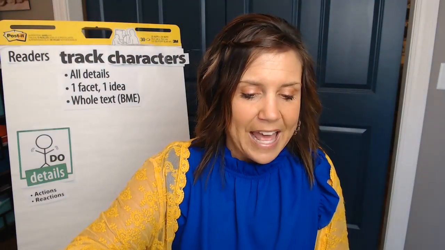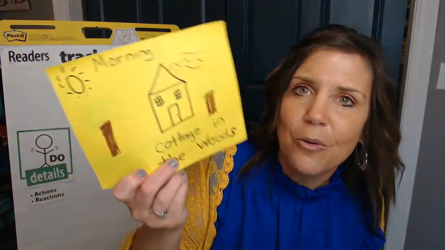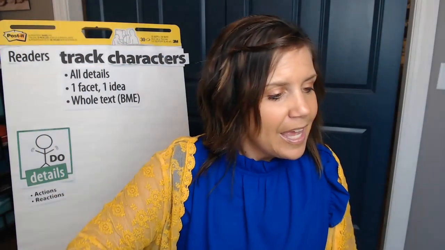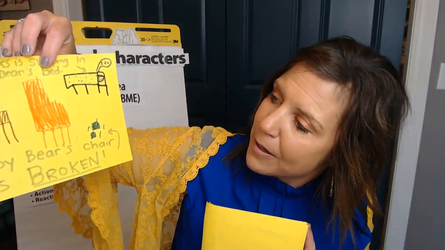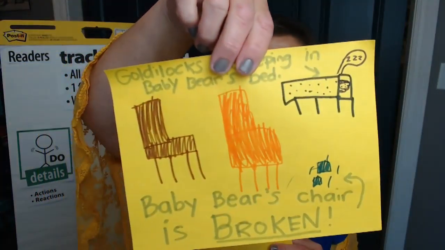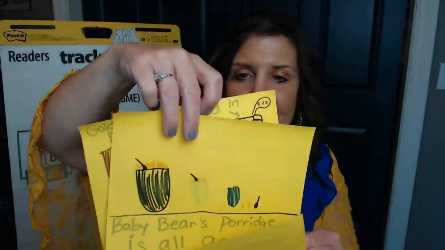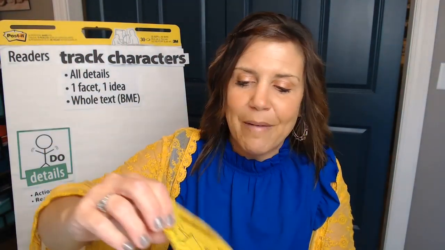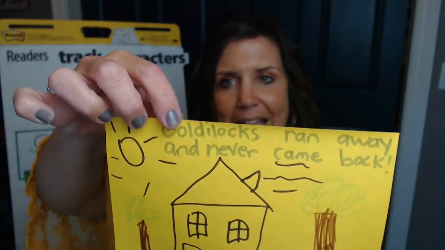We talked about the setting was the morning, and it took place in a cottage in the woods. And we talked about the problem was Goldilocks was sleeping in Baby Bear's bed, and Baby Bear's chair was broken, and Baby Bear's porridge was all gone. So there were a couple of different problems in the story. And then the solution is Goldilocks ran away and she never came back.